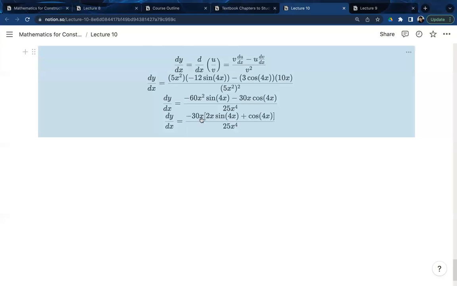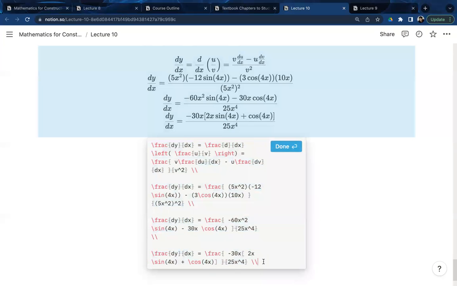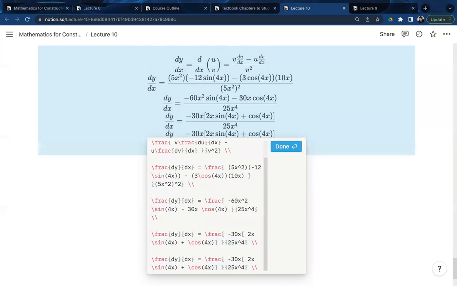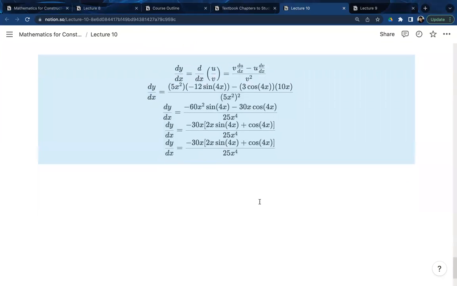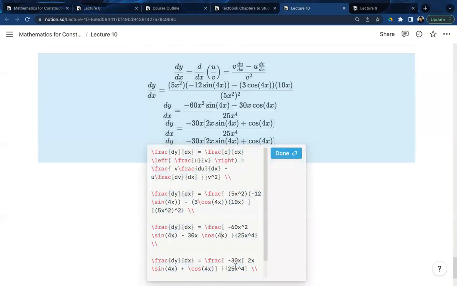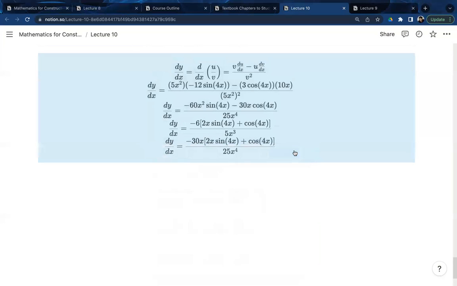Okay, good. I see the 30 and the 25 can cancel too. So again, it's wise to take your time and do that cancellation after. 5 into 30 is 6, 5 into 25, 5. So this negative 30 becomes 6, and this becomes 5x cubed. Right? 5 into 25, 5.